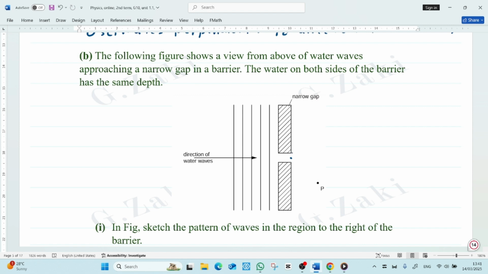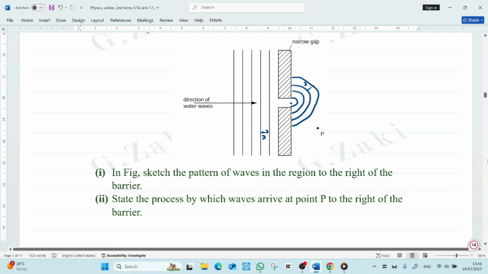Then we draw a semicircle, and then with the same wavelength, another semicircle, and again with the same wavelength, another semicircle. Remember, the wavelength in front must be the same as the wavelength at the back. And the center of all the circles is at the center of the narrow gap.